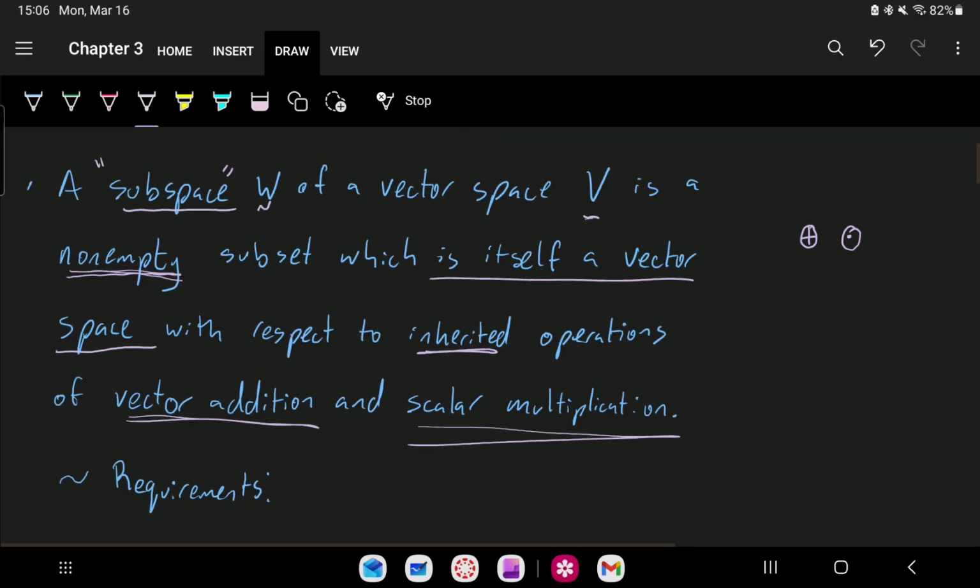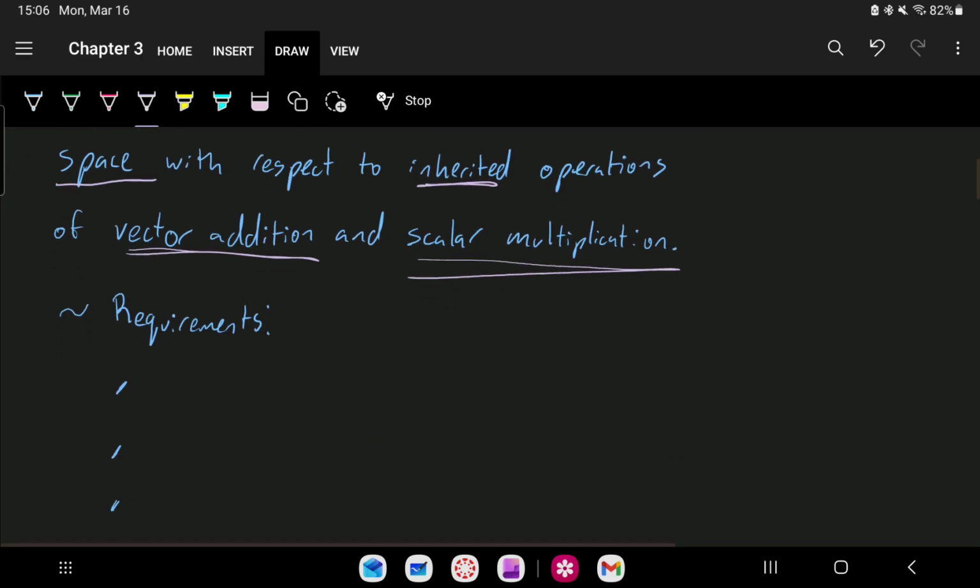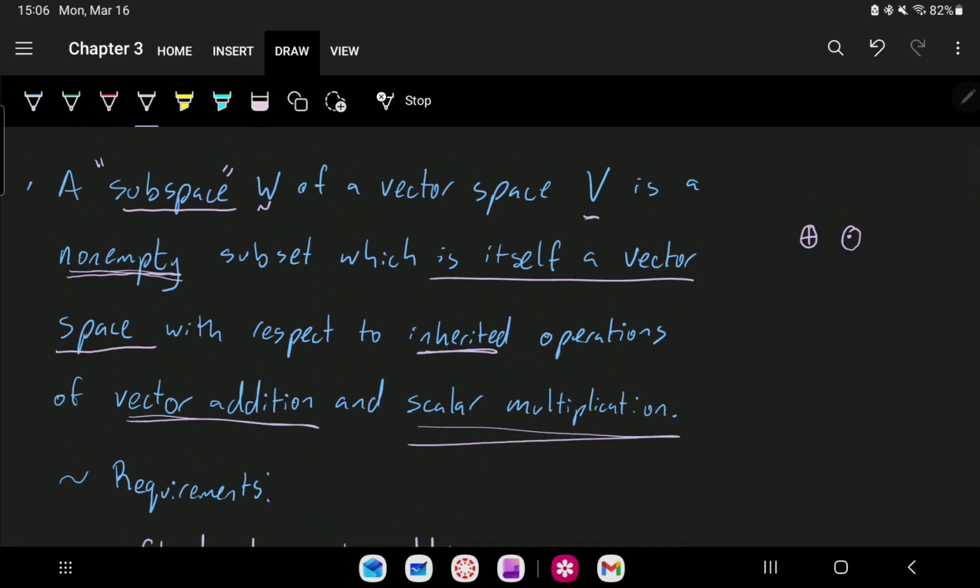Okay. So there are a couple requirements for this, and this is going to sound very familiar if, again, you are familiar with basic vector space definitions. So of course it has to be closed under vector addition in whatever that definition is, whatever the definition of the vector space's vector addition is.